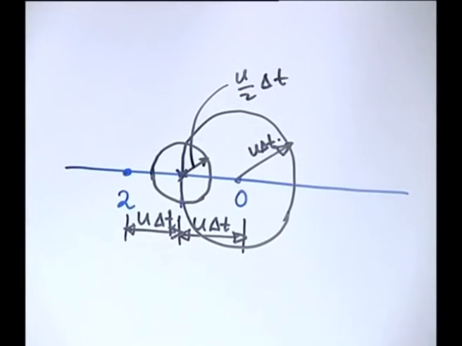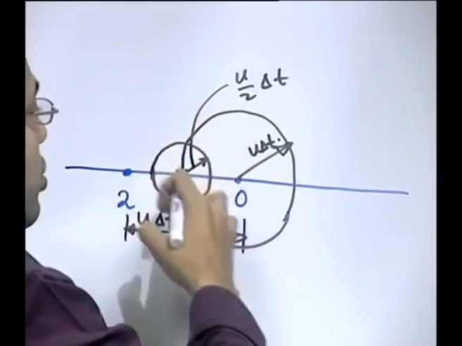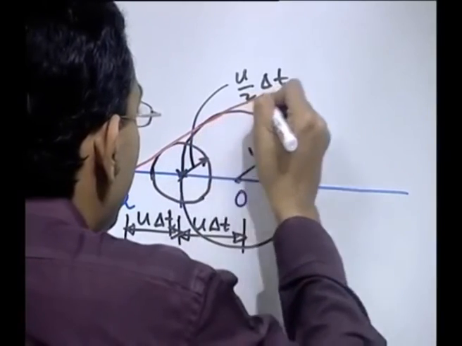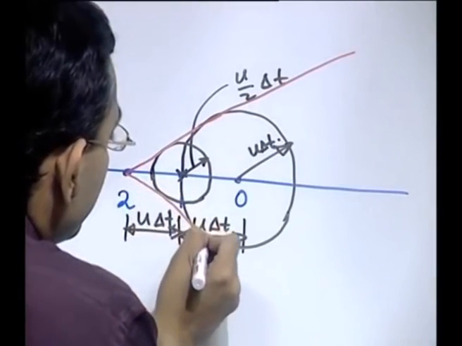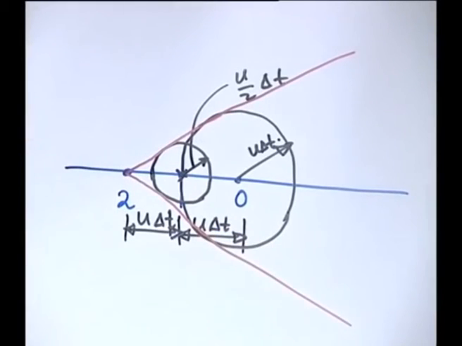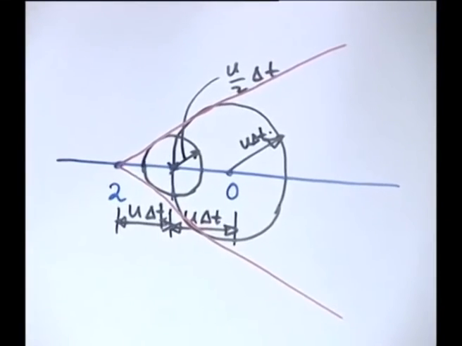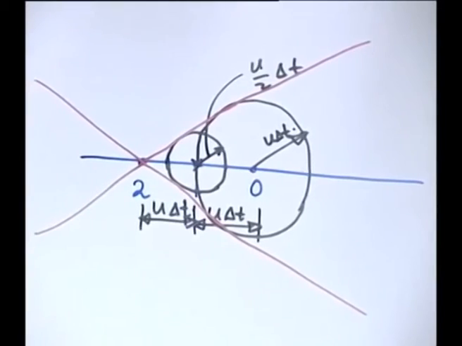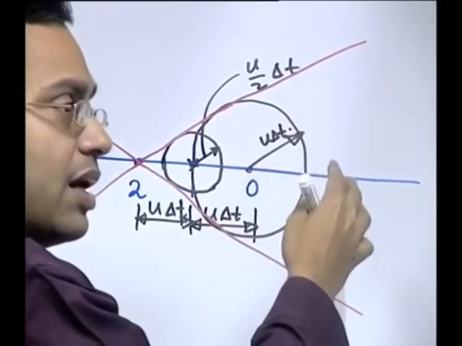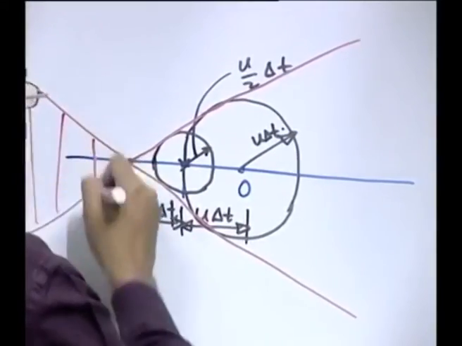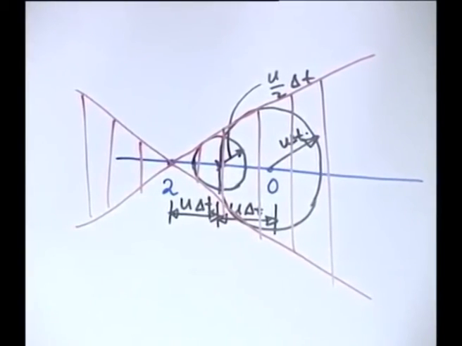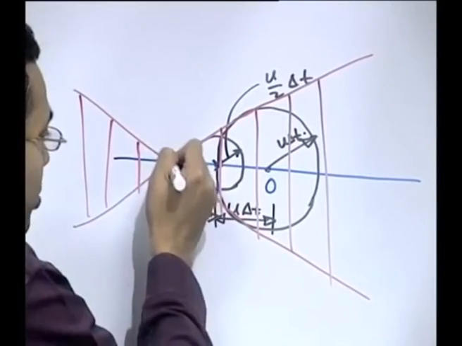So, in this way it is possible to draw an envelope of these zones of influence, and that envelope will basically come from a common tangent to these circular fronts. Of course, you can extend it on either side. So, physically your domain of dependence and your zone of influence is confined within this envelope. Not the current position of the source.